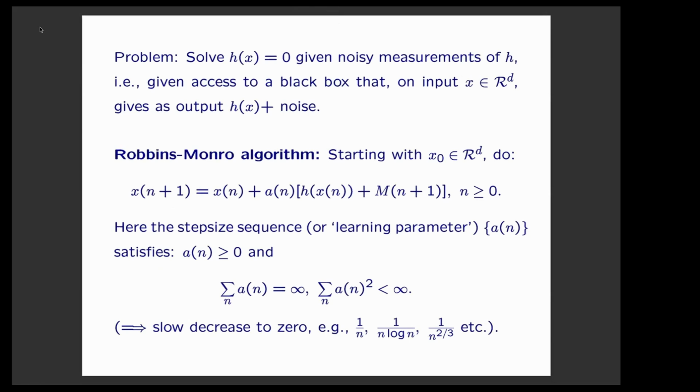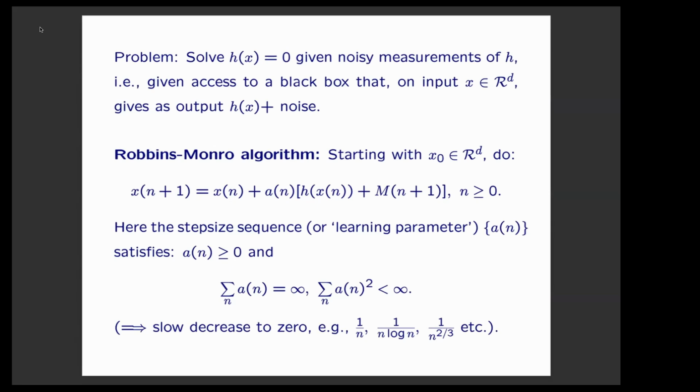Let me do a quick survey of the stochastic approximation version. It is the Robbins-Monro scheme from long ago, 1951, if I recall, and that's the iteration x_{n+1} = x_n + a_n [h(x_n) + M_{n+1}]. So the term in brackets is a noisy measurement of h. Given x_n, you just get that sum.